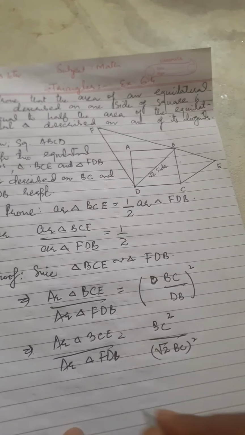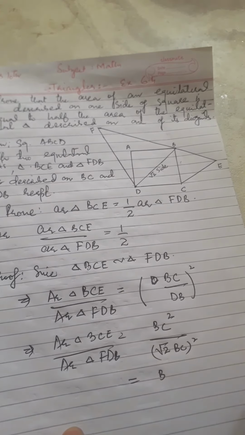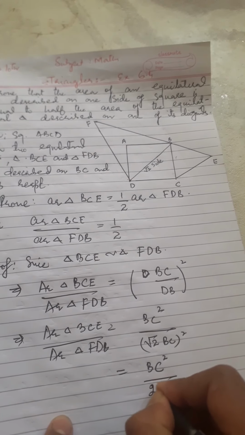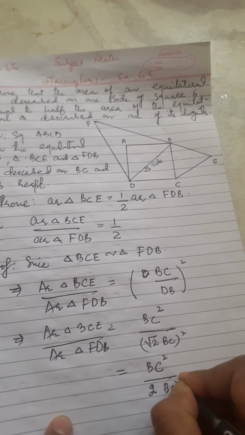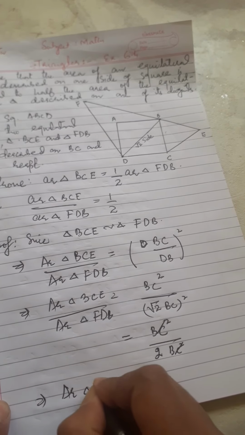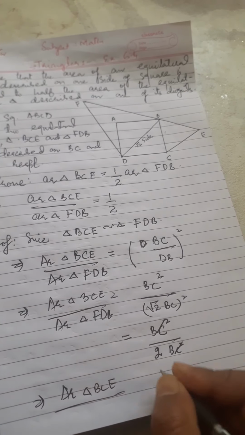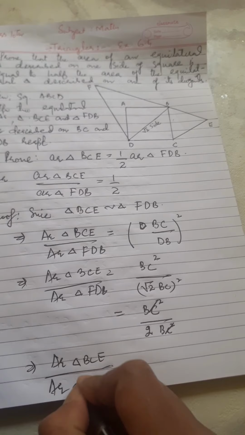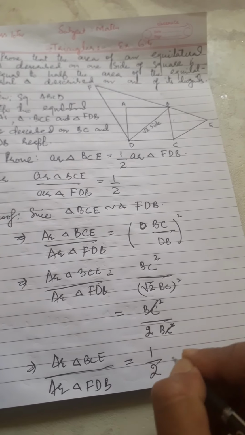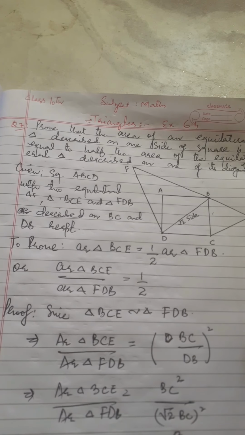So we can write this as BC square upon root 2 square, which becomes 2 BC square. BC square cancels with BC square, which implies area of triangle BCE over area of triangle FDB will be equal to 1 upon 2, which proves the result. Hope you understand the question.